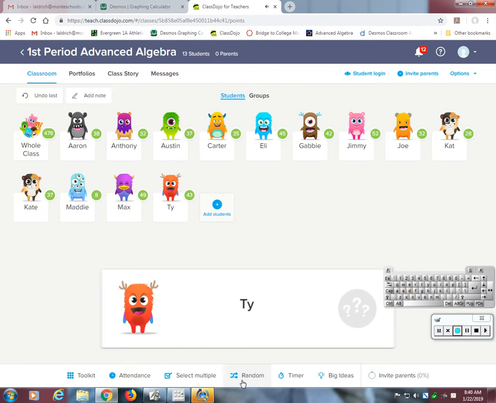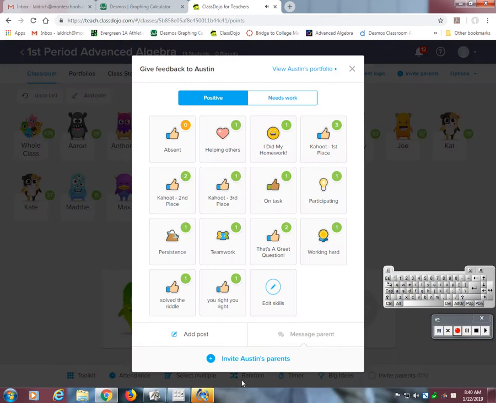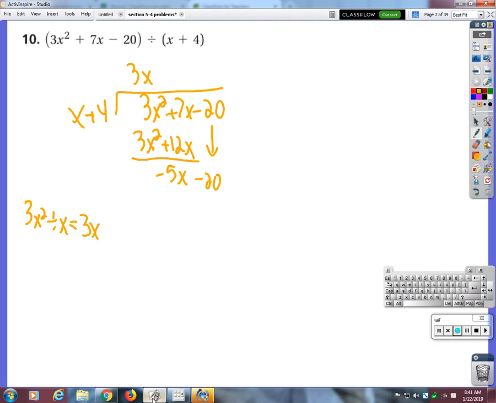And then Austin, I need to go the first term here divided by the first term here. So negative 5x divided by x is... What's negative 5x divided by x? The x's cancel. So it's just negative 5. So I'm going to put that negative 5 there.